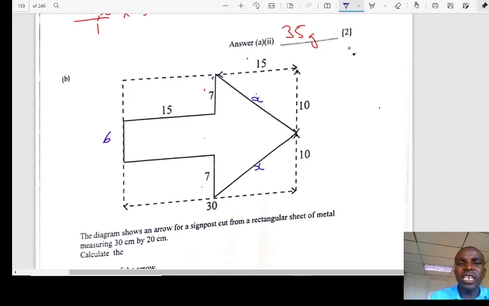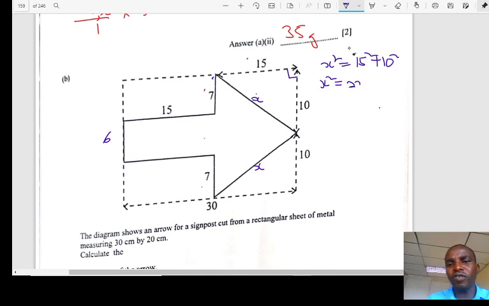This x, right? Since it's a rectangle, there's a right angle here, a 90-degree angle. Then we can use Pythagoras to find the hypotenuse. You say x squared is equal to 15 squared plus 10 squared. Then x squared is equal to 15 times 15, 225, plus 100, that's 10 squared.